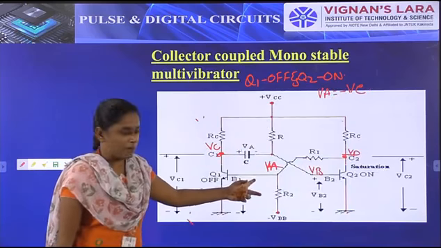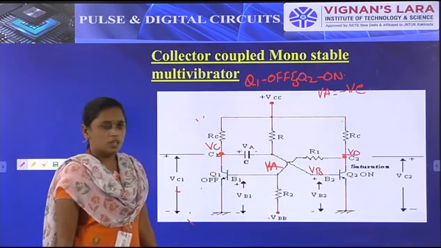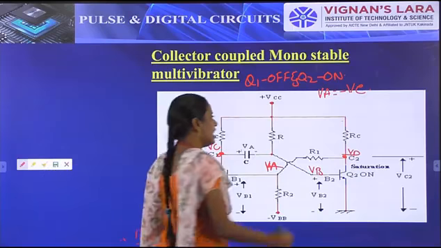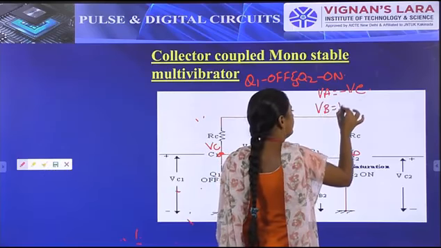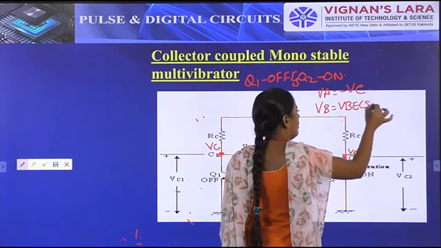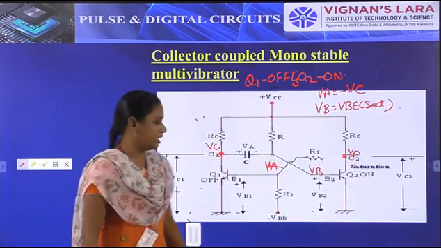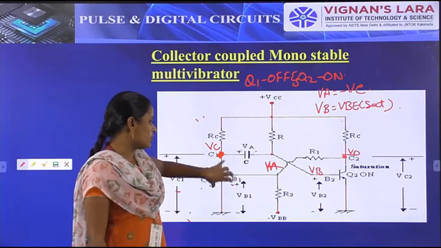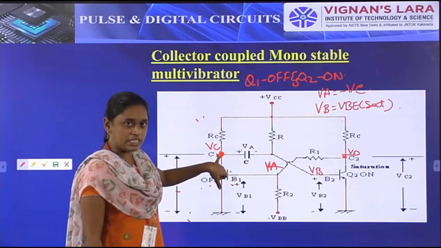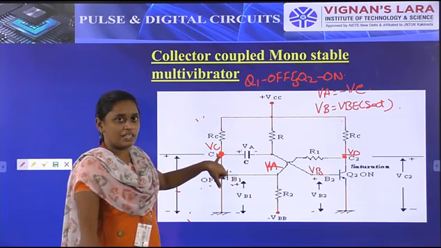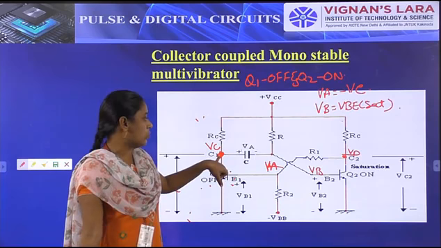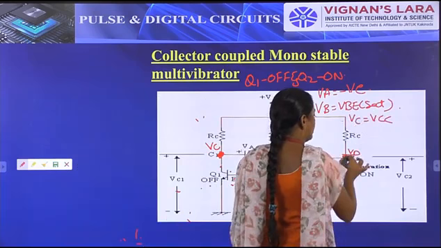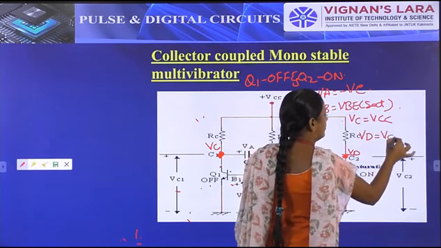And what is VB? When transistor Q2 is in on condition, VB is nothing but VBE saturation. VC: when Q1 is off, what is the VC value? VC is nothing but VCC. That is the principle of the transistor: when the transistor is off, the collector voltage VC becomes VCC, and VD becomes VCE saturation.